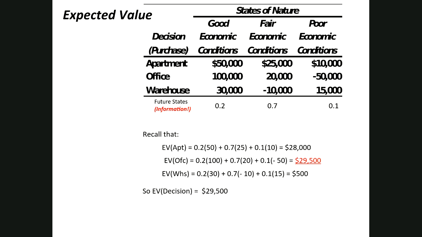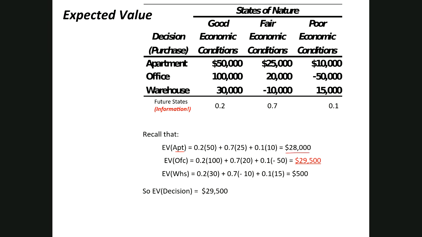And you'll remember from the last class, we were given information about the future states of nature, good, fair, or poor economic conditions, and we were able to determine expected values for each one of the respective decisions. For the apartment, the expected value was 28,000.